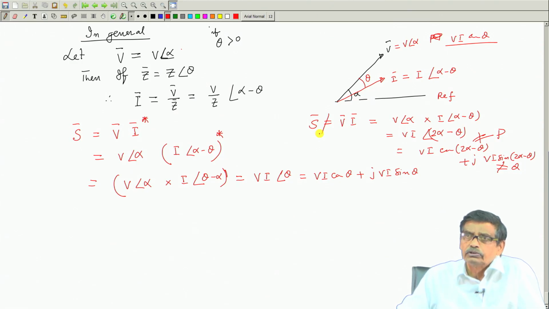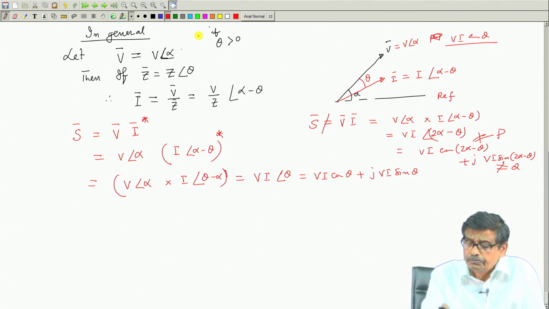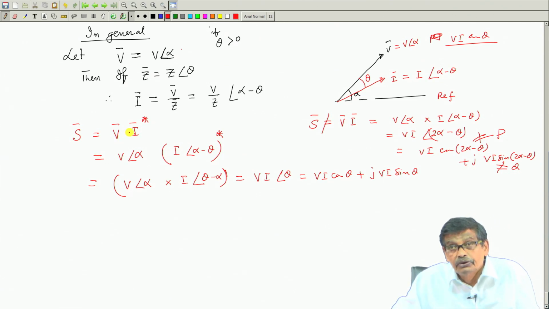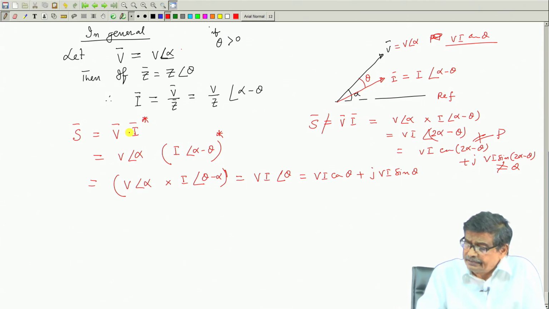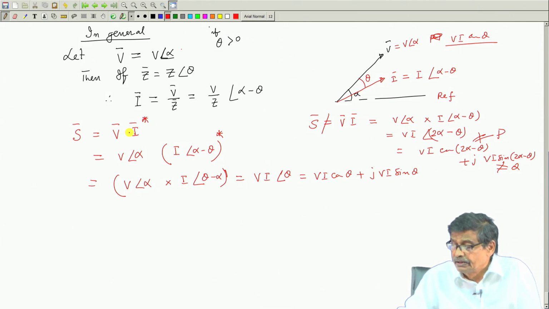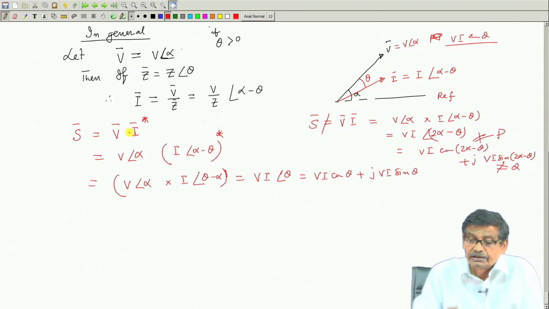Therefore, henceforth what I will do, in a circuit, the voltage phasor will be known. In general, it could have any angle V angle alpha, which I was doing for 0 degree, but it does not matter. Z is there, so current is V by Z, you go on calculating like this. But while calculating complex power in this circuit, take voltage into the complex conjugate of the current phasor. Then its real part will give you real power, imaginary part will give you reactive power.